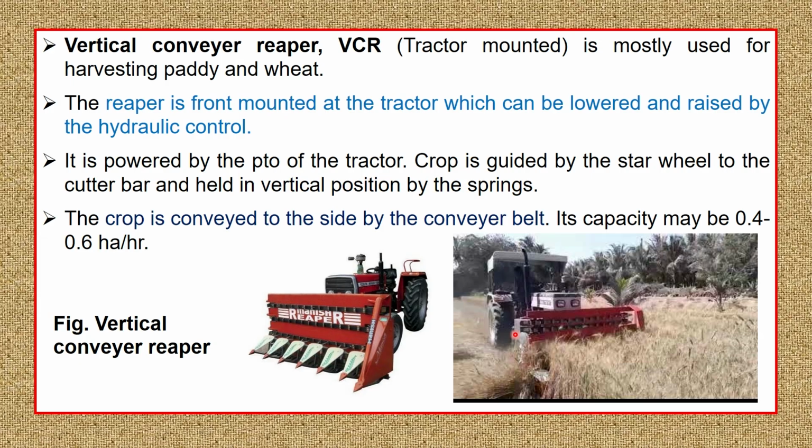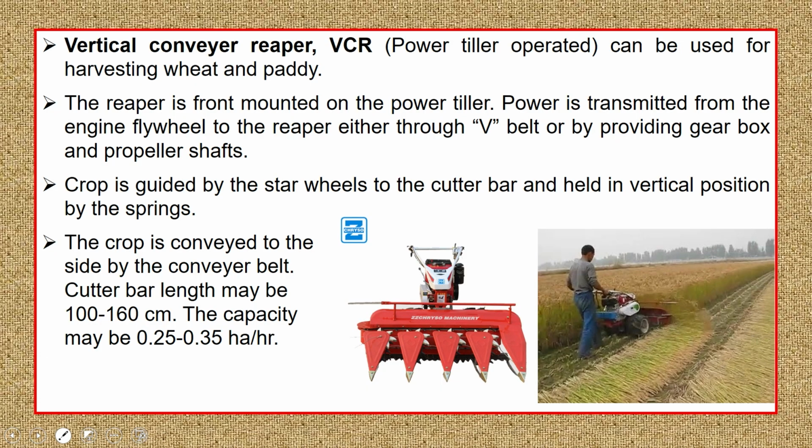It means they use the tractor PTO power for cutting and conveying the material into the swath at one side of the machine, and for raising and lowering and to adjust the height of cut, they use the tractor hydraulic control system. So they can harvest 0.4 to 0.6 hectare of crop in 1 hour. So it means they have high harvesting capacity.